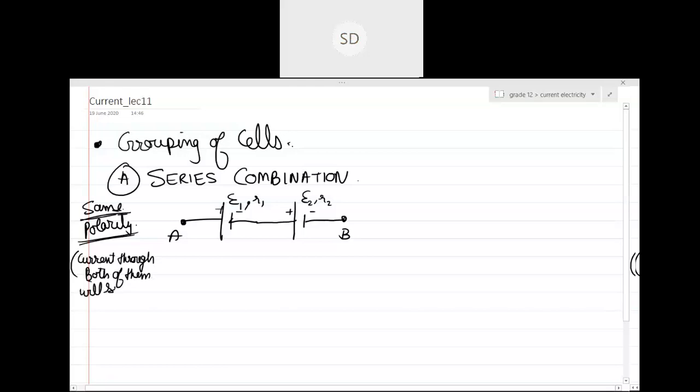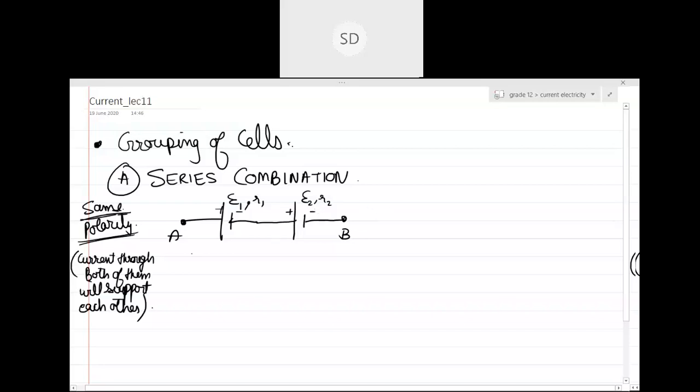Can you see in what direction is battery E1 trying to release the current? From right to left. Similarly, E2 is also going right to left, right? So here we're deciding polarity by seeing the direction of current. If the batteries are sending currents in the same direction, they will support each other, the same polarity. There will be one case when they will be in reverse polarity.